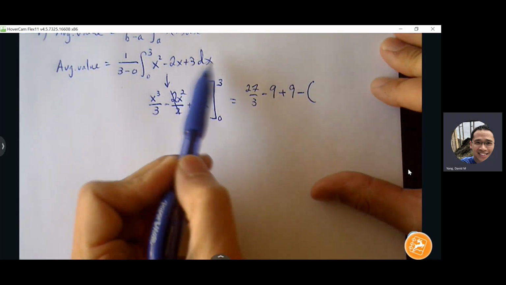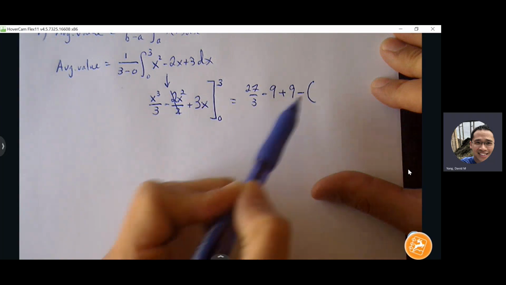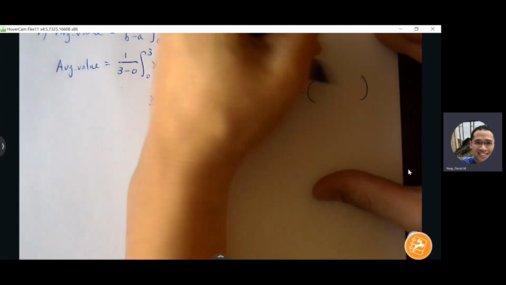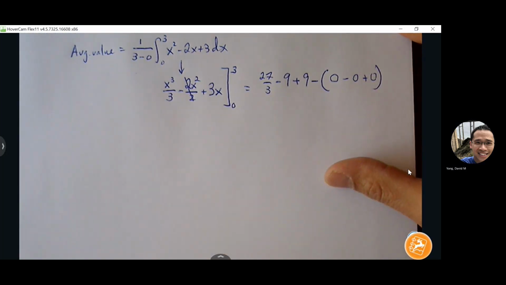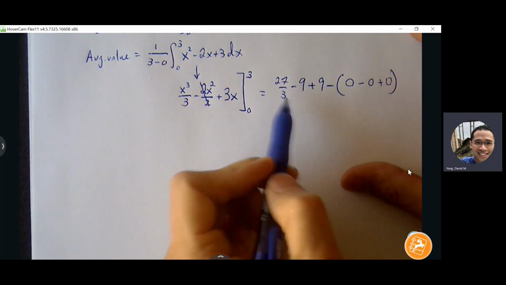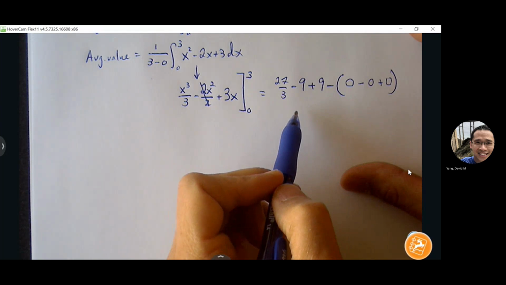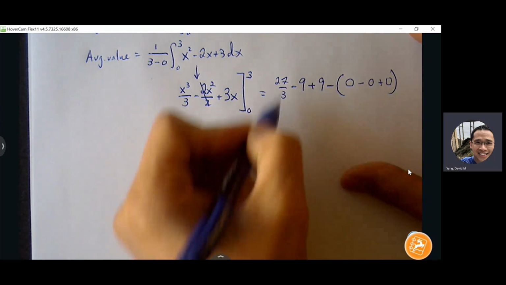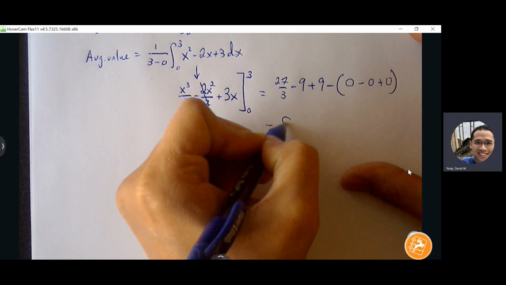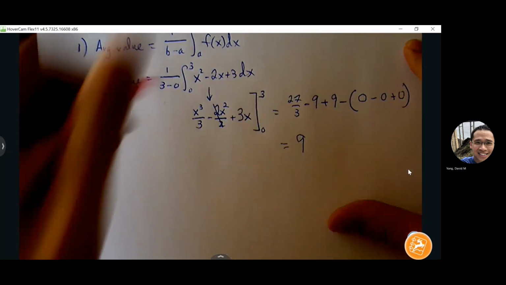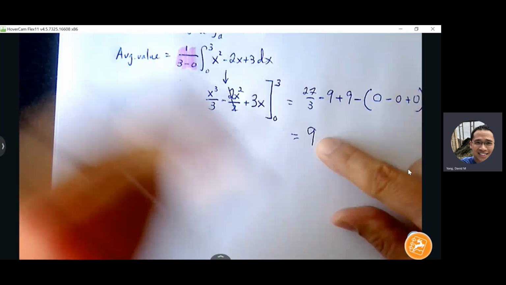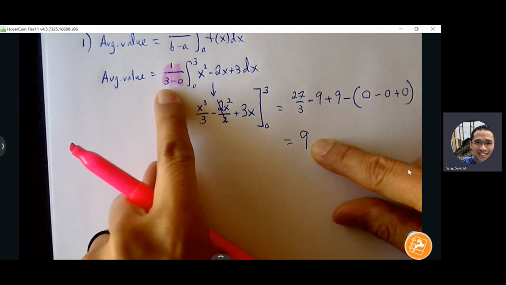Plug in the upper bound first. 3 goes in for all the expressions, minus big parentheses, followed by 0. The nice thing with 0 is that it just goes away. This reduces to just 27 over 3, which is 9. But is that the last of it? We still have to worry about the 1/3 in front, right? You have the area component, and you still have to involve that width component.